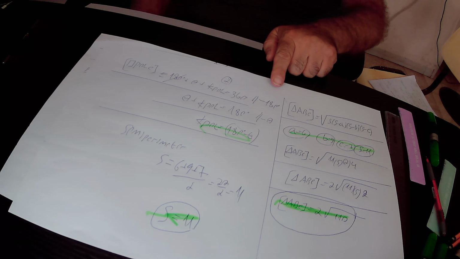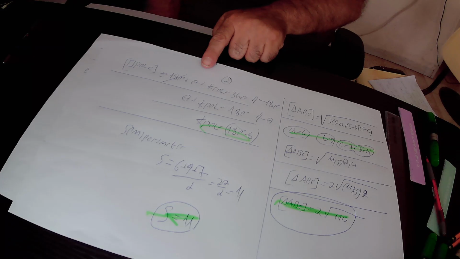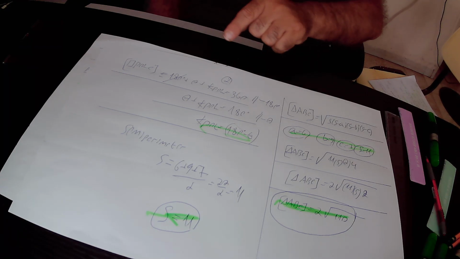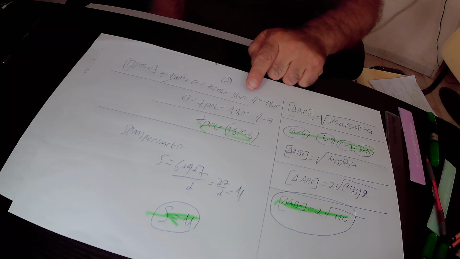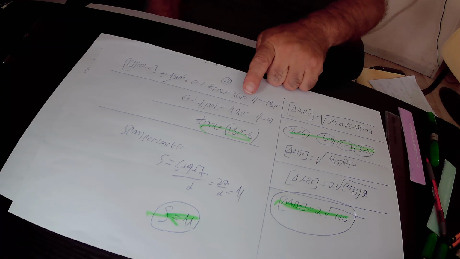Here we subtract 180 degrees from this equation, so 180 degrees will get cancelled. So we are left on this side of the equation with only theta plus the missing angle POL equals 360 degrees minus 180 degrees, which is 180 degrees. So in total, theta plus the missing angle POL equals 180 degrees. Here we subtract theta from this equation, and we find out that the missing angle POL equals 180 degrees minus theta.